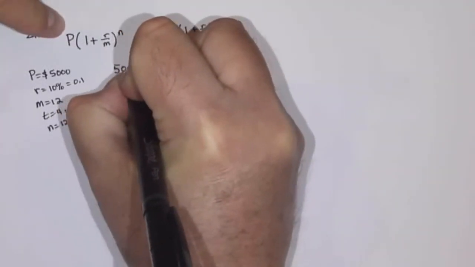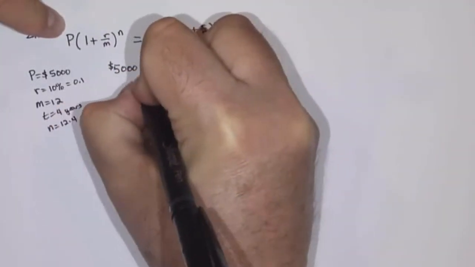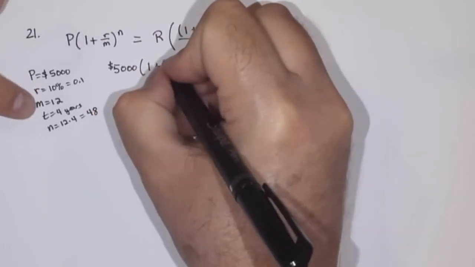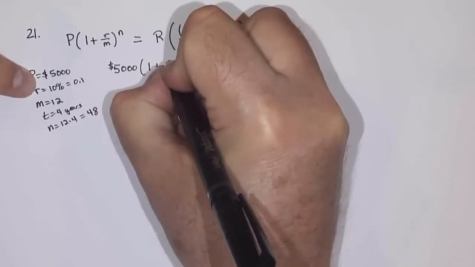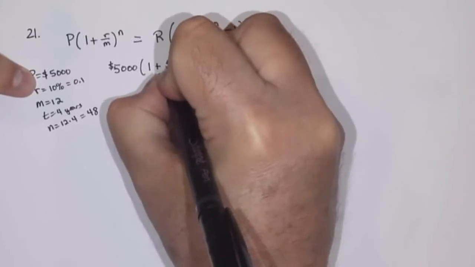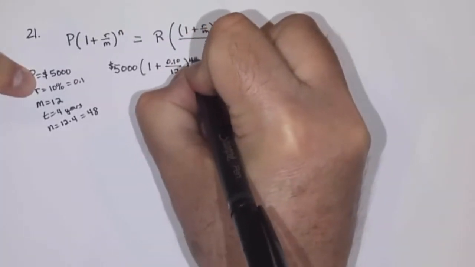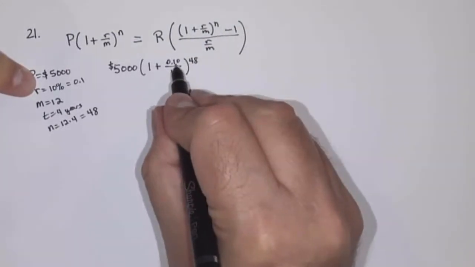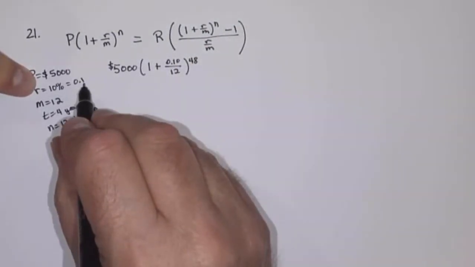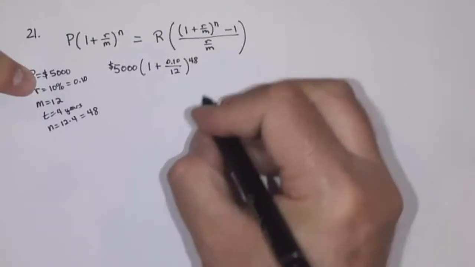So filling in my formula, $5,000 times (1 plus, again, R is 0.10 divided by 12), and that's raised to the 48th power. Now I wrote 0.10 here, I only wrote 0.1 here, but that's the same thing.